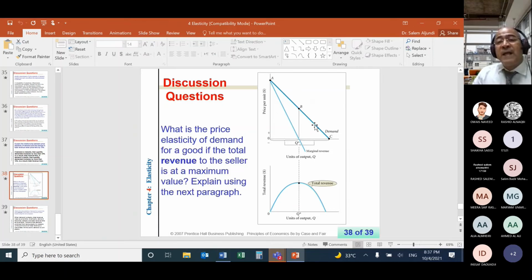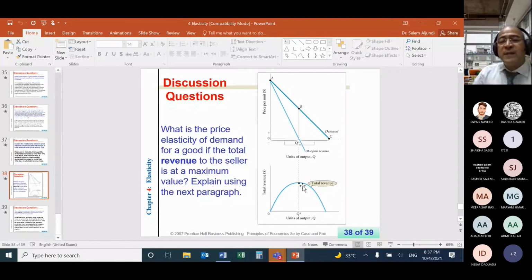But in the second portion, if we continue decreasing the price, the quantity demanded will increase, but since demand is inelastic, the percentage change in the price is more than the percentage change in quantity. So total revenue will follow the stronger factor, which is the decrease in the price.